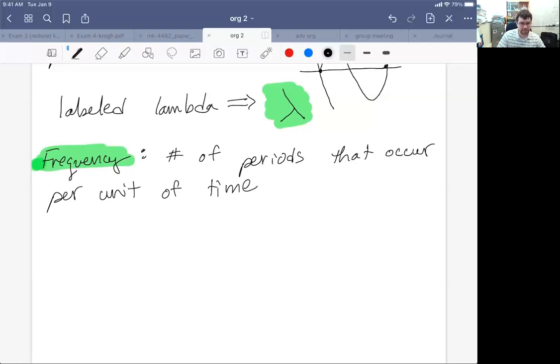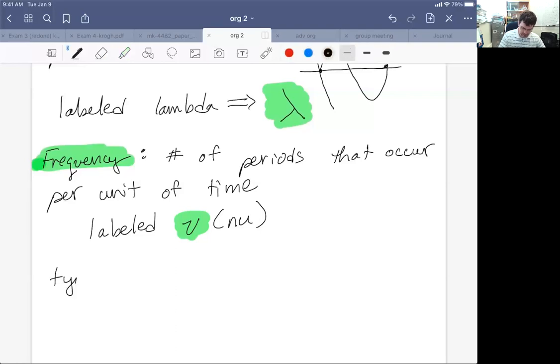Okay? And this is labeled with what looks like a V with a tail. This is actually nu. So we want to understand lambda and we want to understand nu.